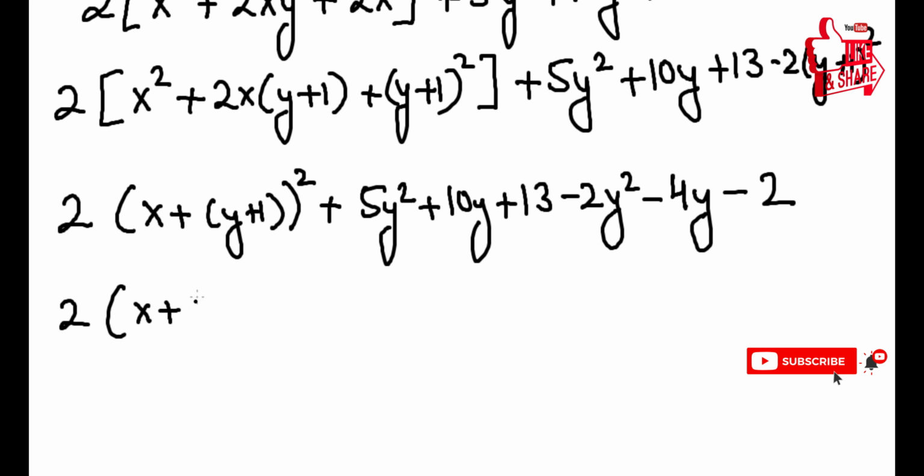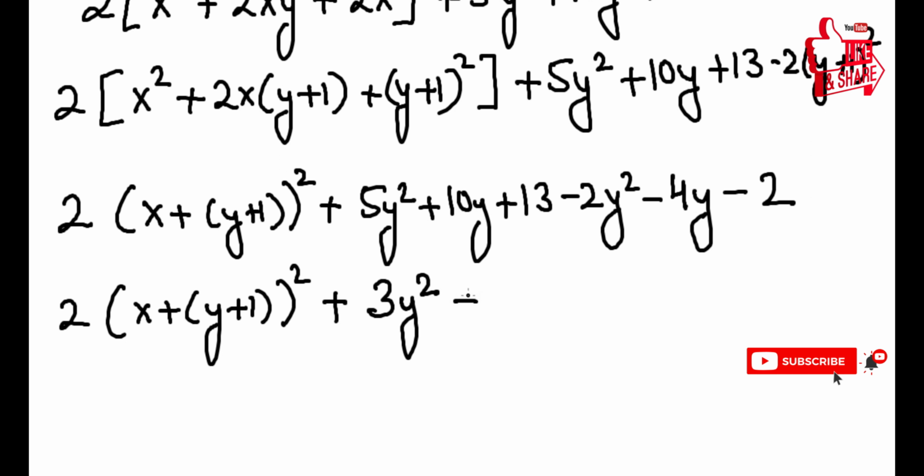This part I am keeping the same way, and this part I am solving. So 5y² minus 2y² is going to be 3y², right? And 10y and negative 4y give you plus 6y, right? Then 13 and this 2 will make it plus 11, right?